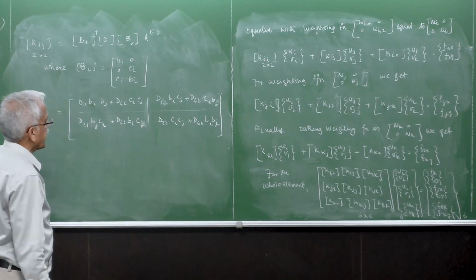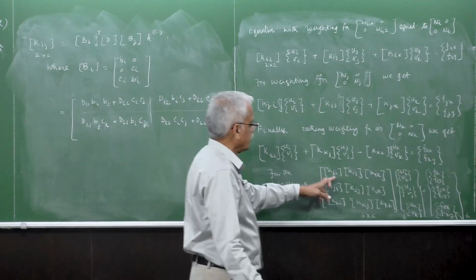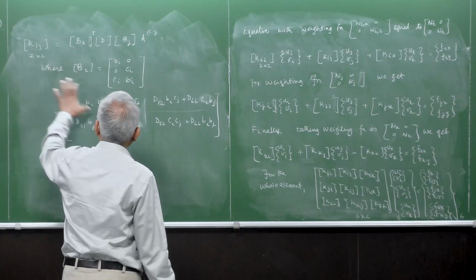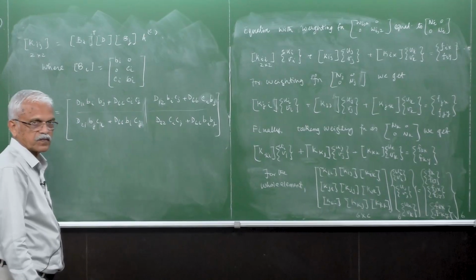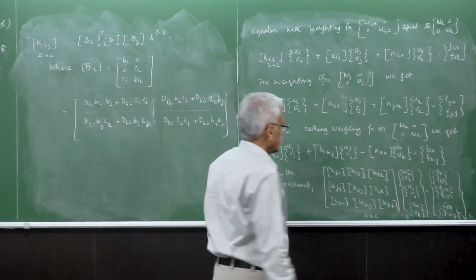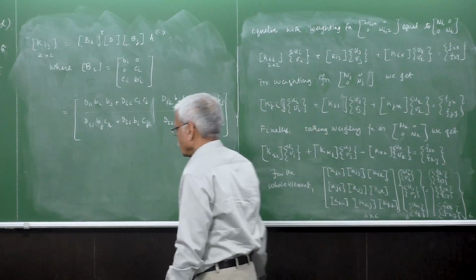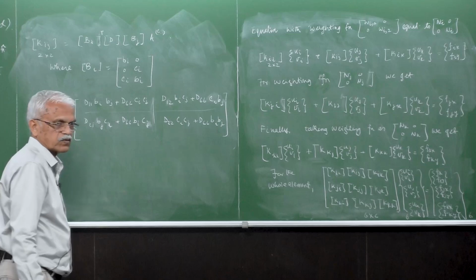The indices can be replaced by i, j, k, and then you will get different components of this K matrix here. Okay, so we have this 6 by 6 matrix, and then these are the 6 components of the displacements followed by 6 nodal forces.